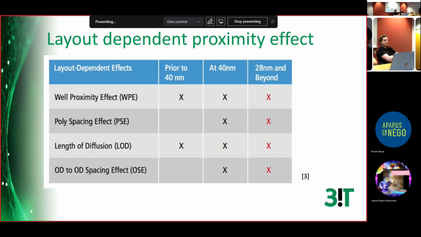The spacing between two polys has a different effect. So your spacing impacts the performance that you have at the end.